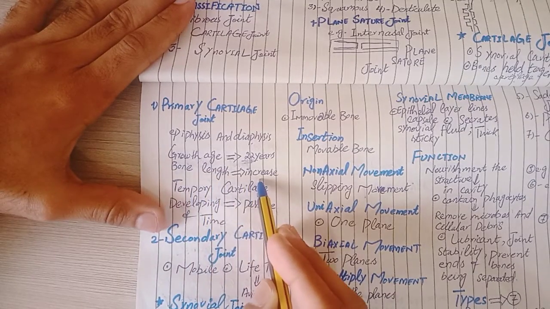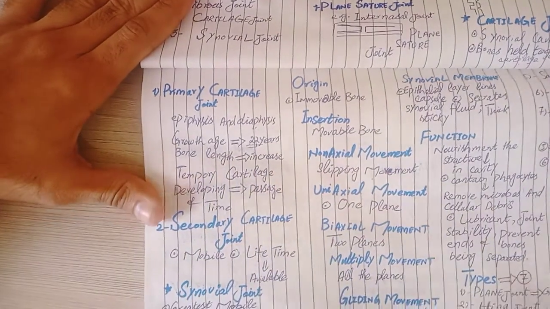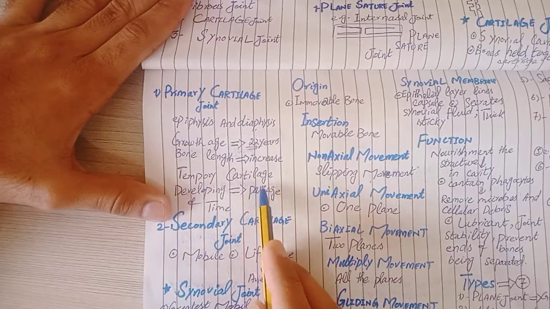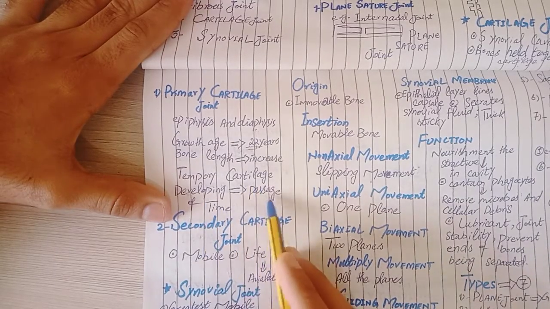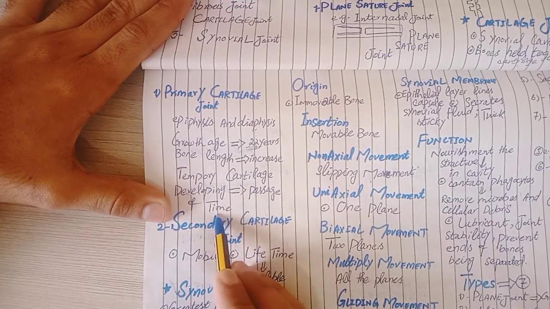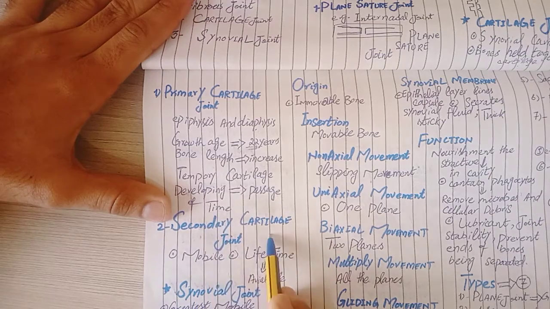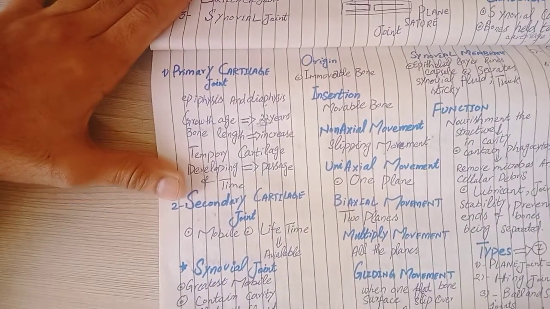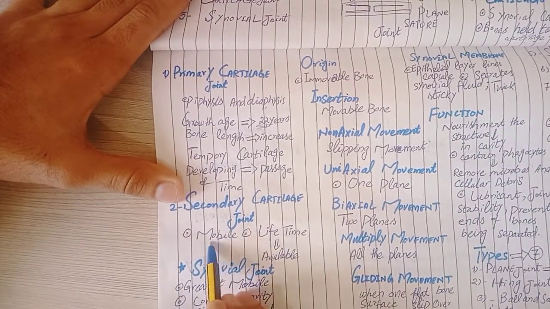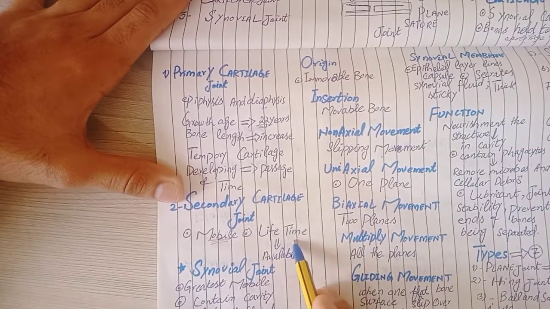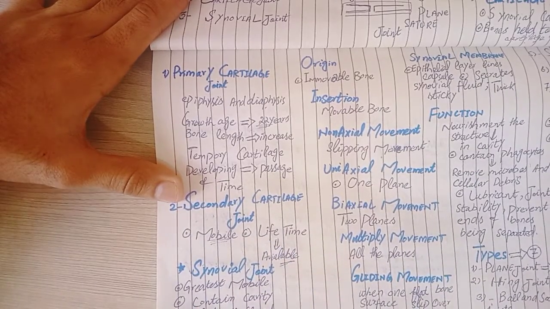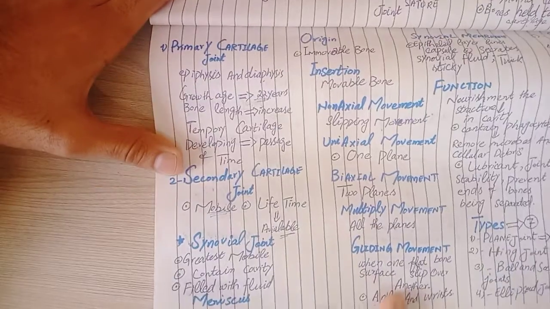Bone length increases in a primary cartilage joint. Temporary cartilage develops into bone with the passage of time. Secondary cartilage joints are movable and available for a lifetime.